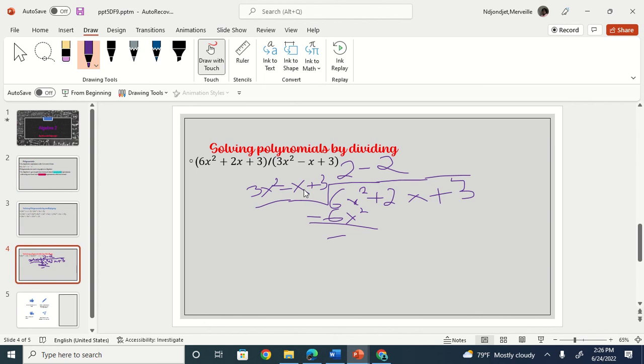And then 3 divided by 3 is going to be 1. So the answer is going to be 0 plus 1, because 2 minus 2 is 0, all plus 1. Now that's just going to be 1. Sometimes it can still be an equation, just pointing it out. But the answer of this is 1.